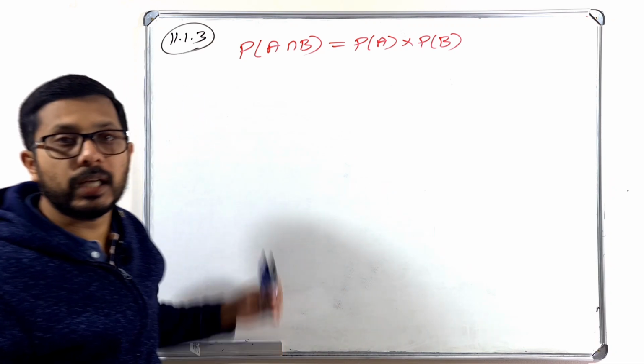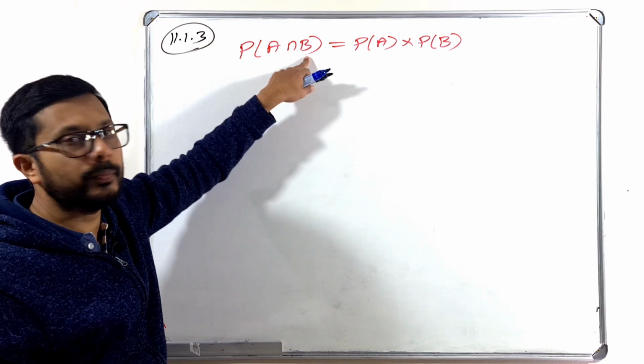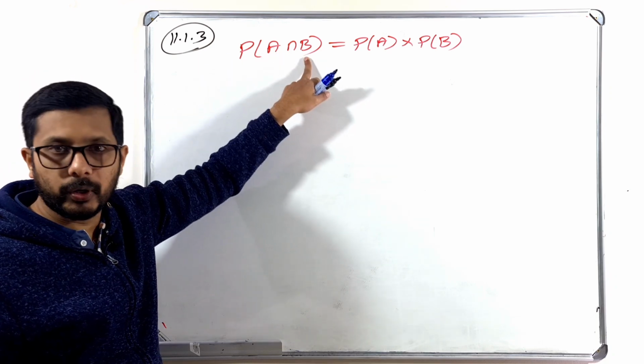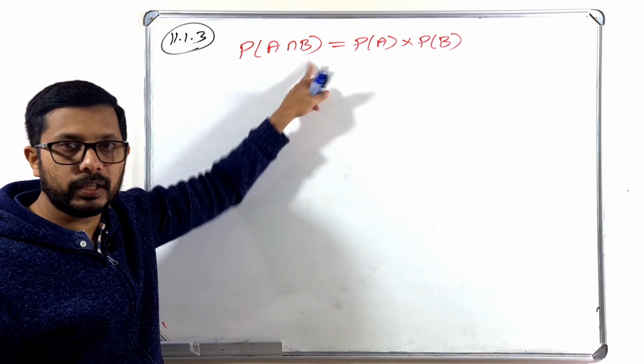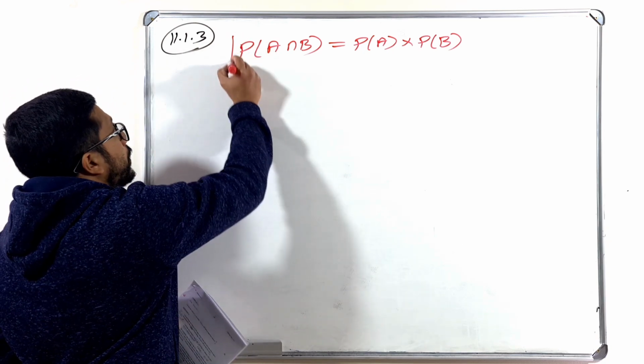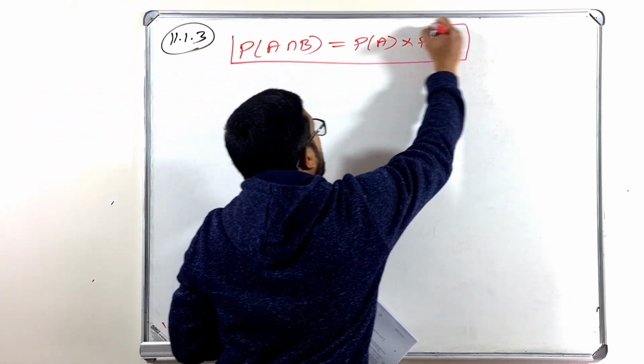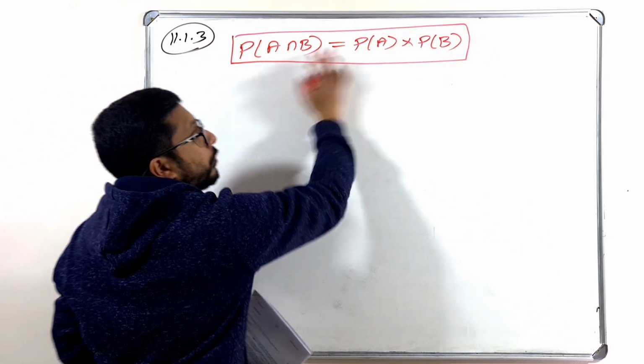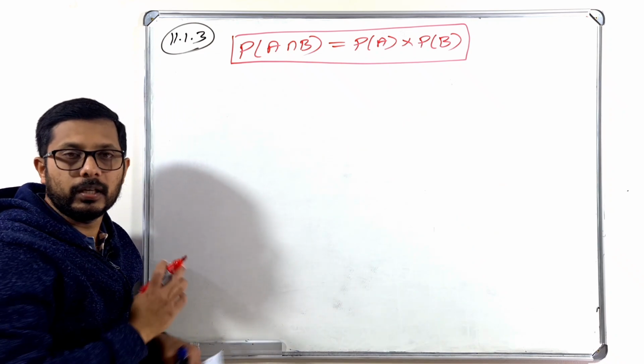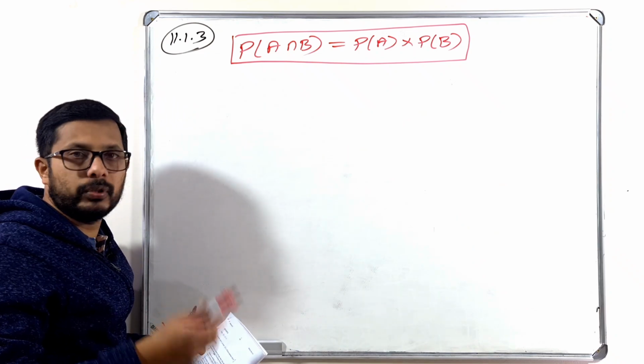In our case, it's not A and B, it's Whaley and Bongani. That is the only difference. This is a general notation. If two events A and B are independent, then this equation must be satisfied. So let's try to find it in our case.